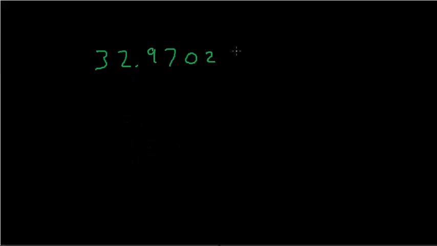What if then I want to round it to the tenths place? I will then look at the 7. The 7 is between 5 and 9, so I round that number up. 32 point, wait a second, 9, if 9 goes up, it goes up to 10, which will then push up this 2 into a 3.